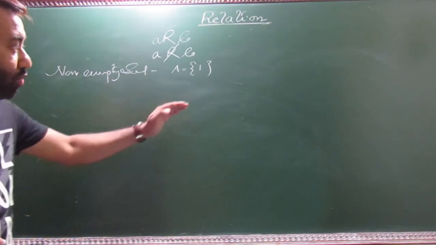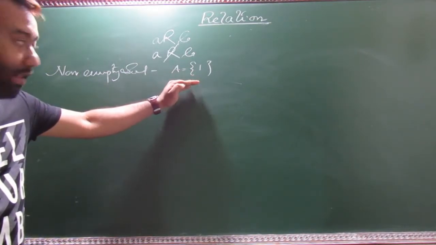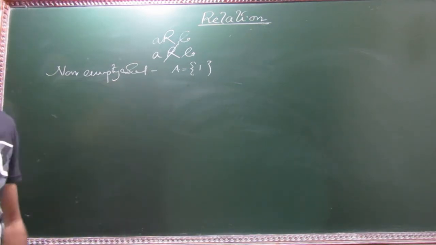If a set has elements, then the set is known as a non-empty set. That means if I write set A has one element, this is a non-empty set. That means there should be at least one element, then the set is known as a non-empty set.